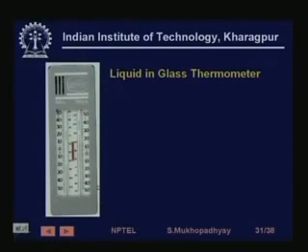shown in a sort of an industrial casing. So liquid in glass thermometers have very precise markings available, and there are immersion points marked. You have various kinds: the total immersion type, and the partial immersion type. You mostly use mercury. Sometimes you can use ethyl alcohol, etc., which have much higher expansion coefficient, so you get better sensitivity.